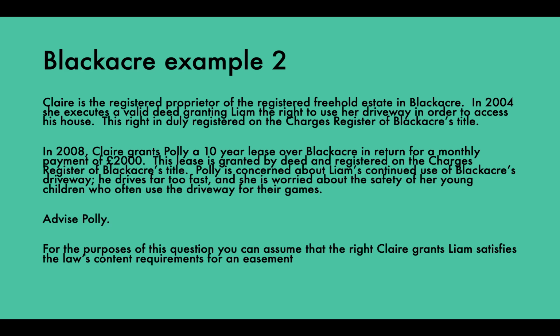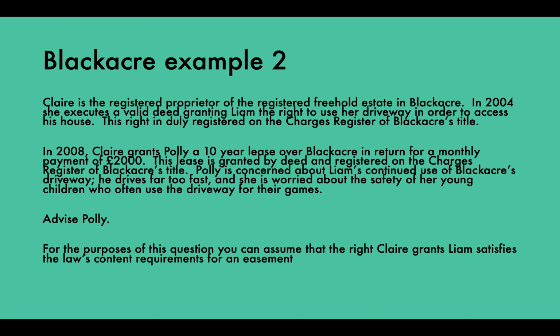So once the lease is registered as it is, the following effect happens. The pre-existing rights in rem whose priority is protected will bind and take priority over the new interest, that is Polly's interest. But pre-existing rights in rem whose priority is not protected will be postponed to Polly's interest. So Polly's interest will trump them and take priority, essentially.